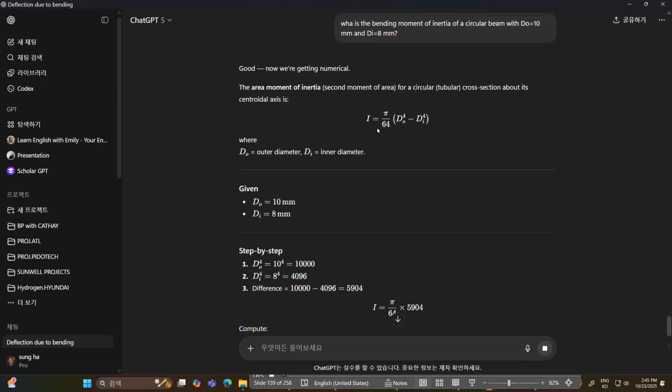We can simply calculate it. We can derive it by definition, but we can also refer to or ask AI.